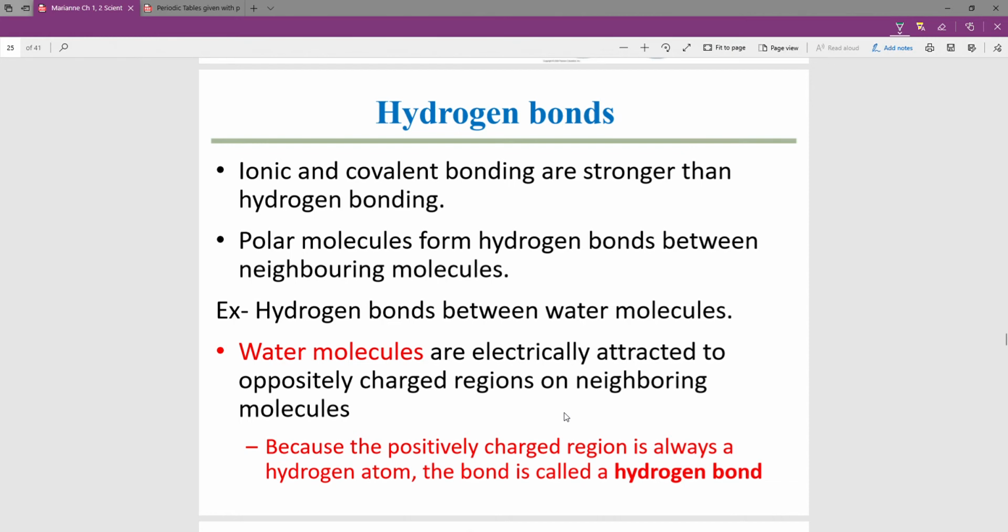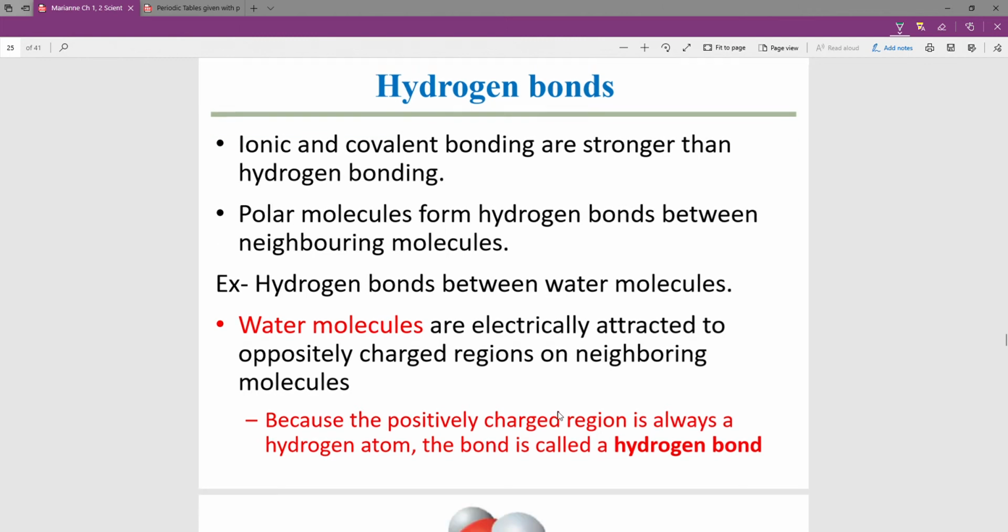And so those neighboring molecules can line up so that the negatively and positively charged regions are actually aligned. So water molecules are electrically attracted to oppositely charged regions on neighboring molecules. So many words. So because the positively charged region is always a hydrogen atom, hence the name hydrogen bond. And I'm not sure if you're the same as me, but I hear words and I read words, but sometimes I just need to be shown a picture.